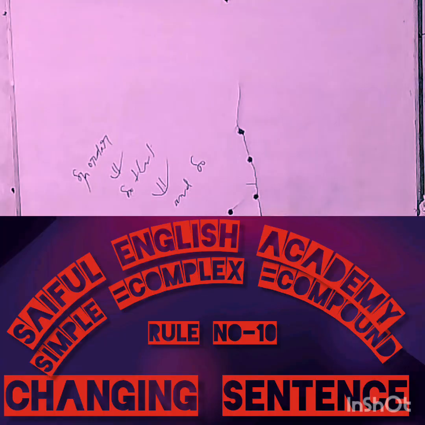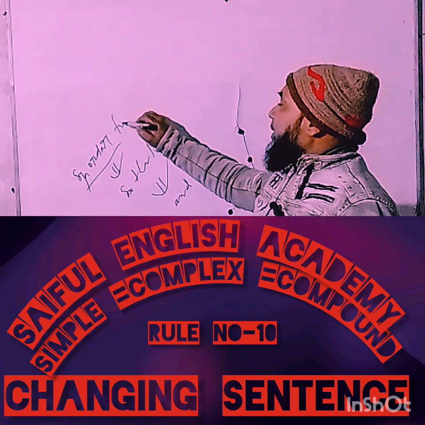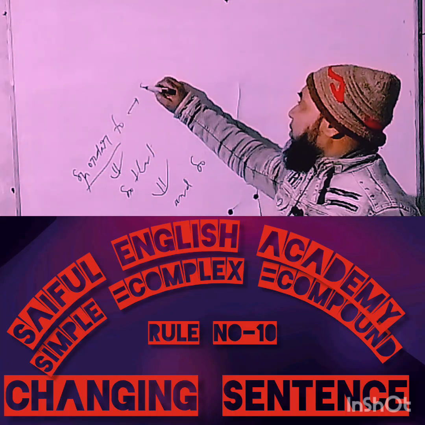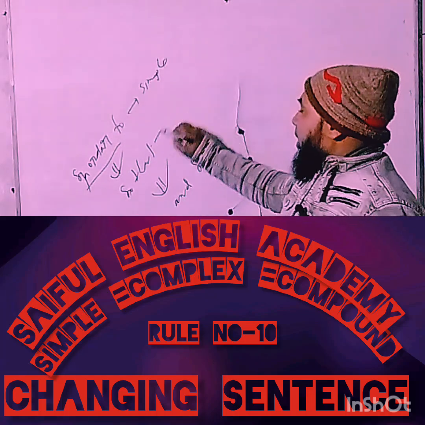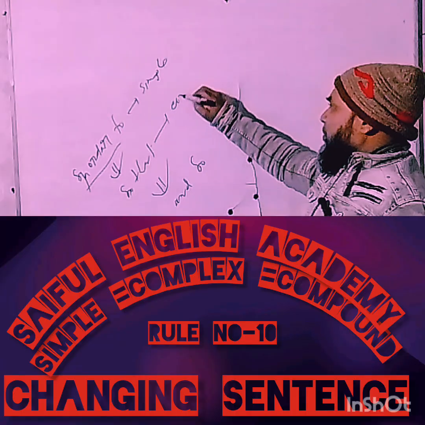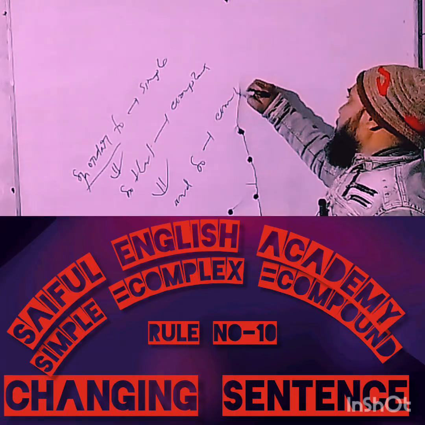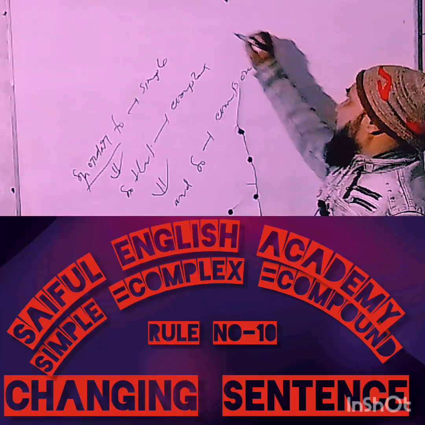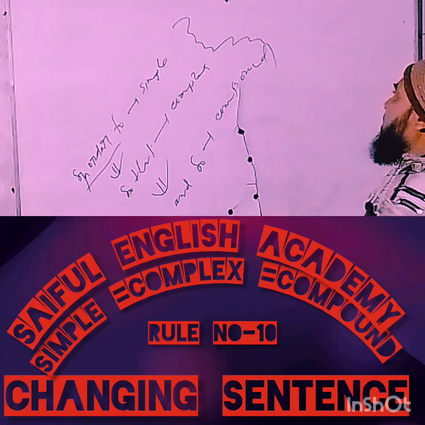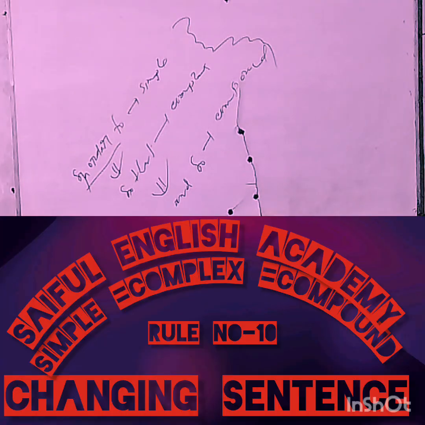Okay, my dear learners, "in order to" is used in a simple sentence, "so that" is used in a complex sentence, and "and so" is used in a compound sentence. And what steps should you take at the time of changing any sentence from simple to complex to compound?